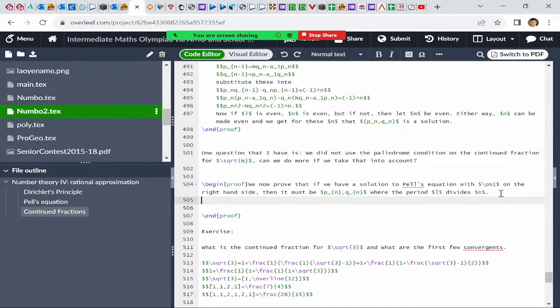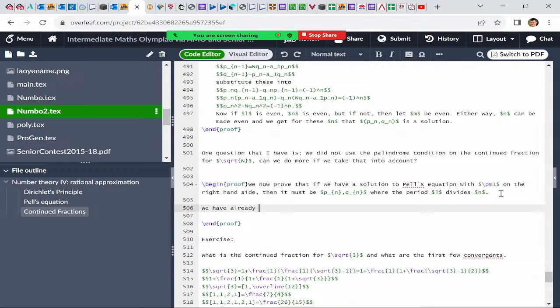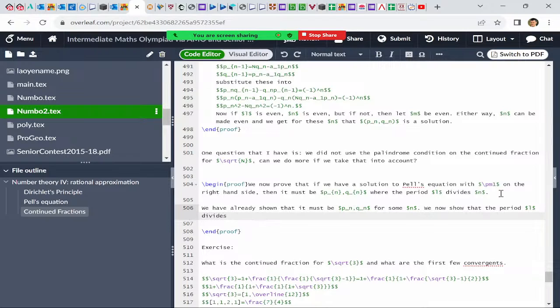Yeah, so we have already shown that it must be Pn, Qn for some n. We now show that the period L divides n.